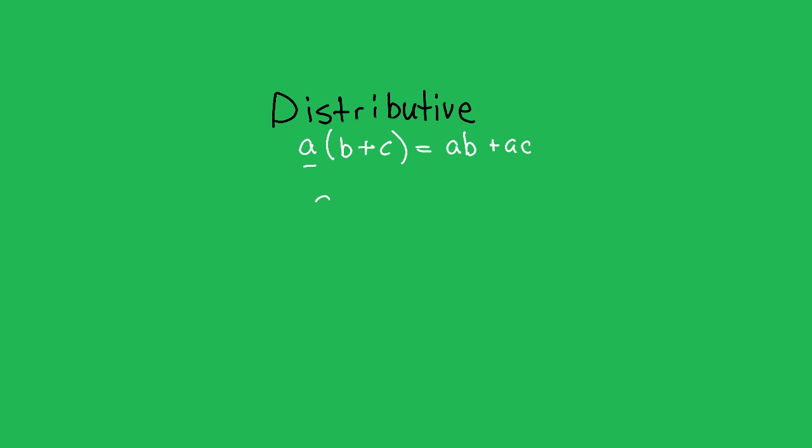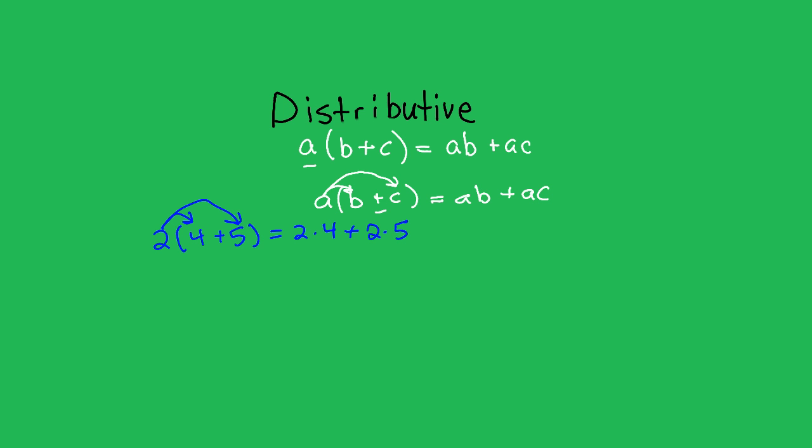So if we want to rewrite this and use some arrows, we do a times the quantity b plus c equals a times b plus a times c. And so with some real numbers here, we can do 2 times the quantity 4 plus 5 to get 2 times 4 plus 2 times 5.